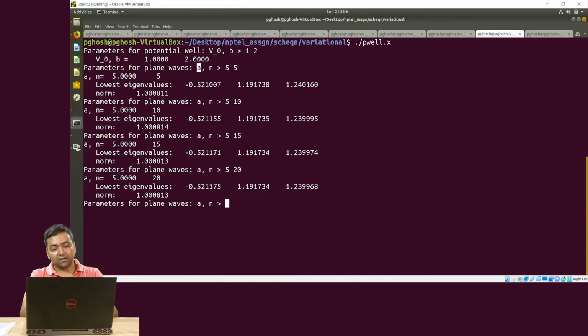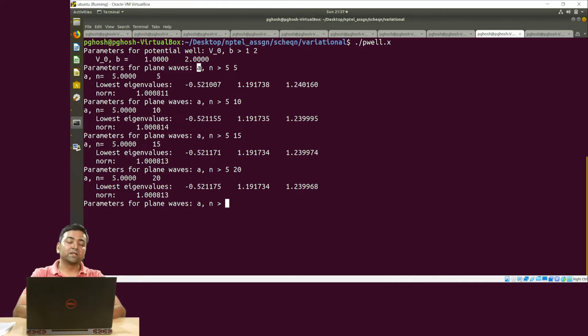Only when this A is infinitely large will the distance between the periodic images and the actual potential be large, and I will be simulating the actual potential correctly.